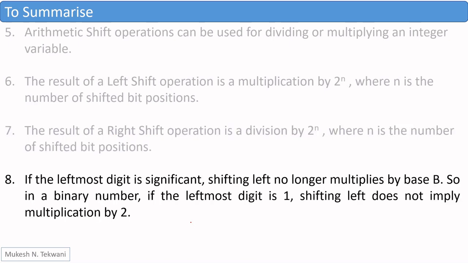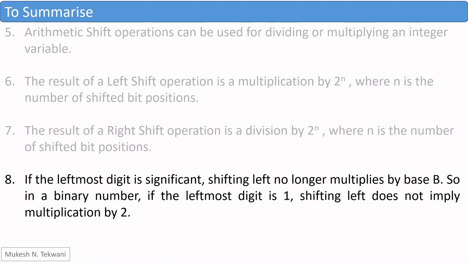And this is an important one. If the leftmost digit is significant, for example, in a negative number in the 2's complement representation, shifting to the left no longer multiplies by the base b. The base b is of course 2 in the binary system.